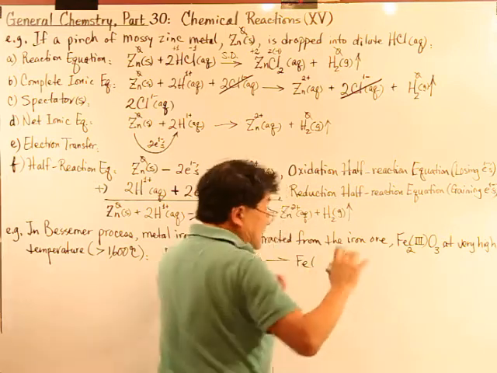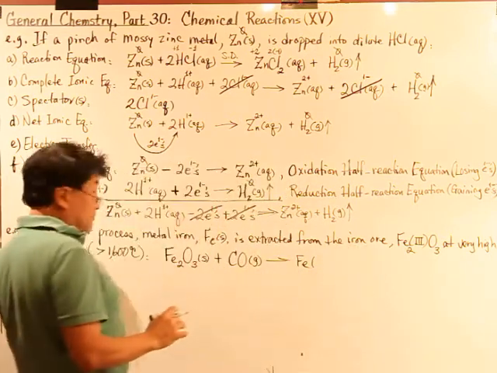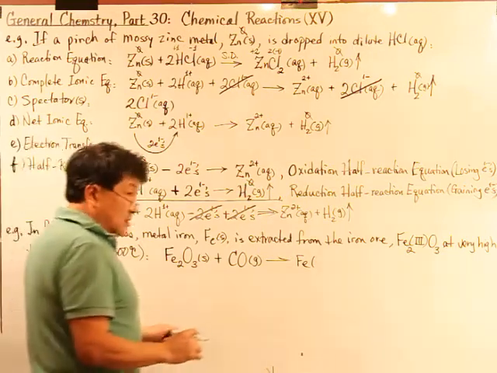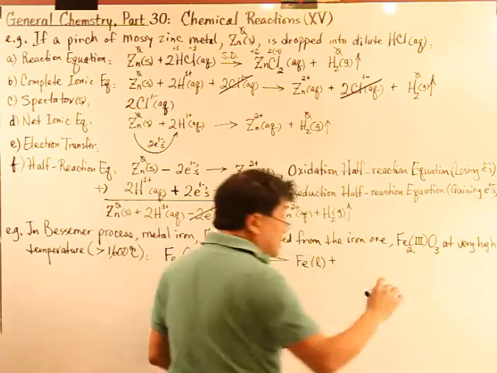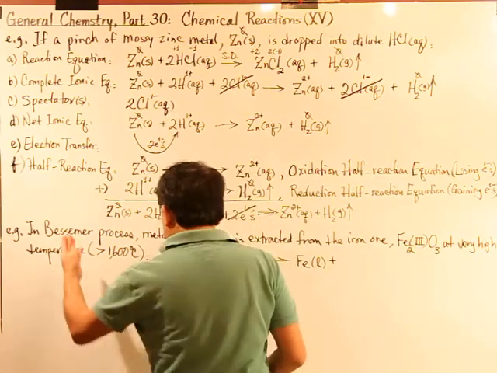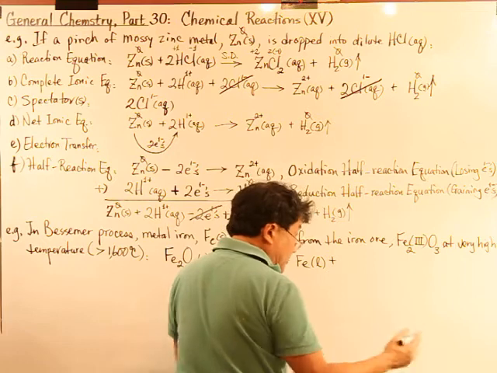Iron is not solid because temperature is so high. Iron melted, right? It's going to become what? Liquid.